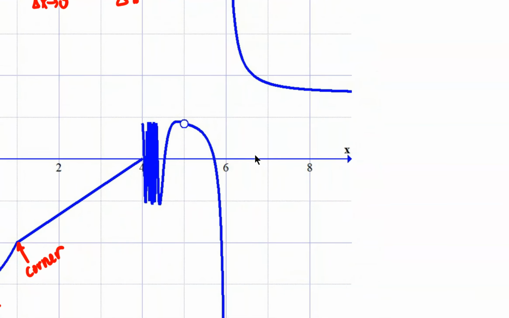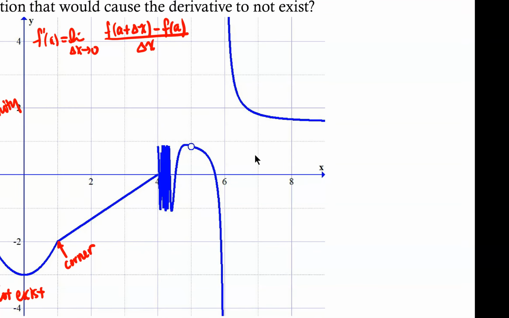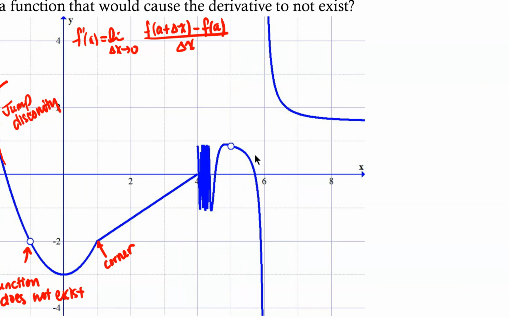Now our last point of interest is here at 6. And so you'll notice that there appears, based on the graph of the function, to be a vertical asymptote at x equals 6.